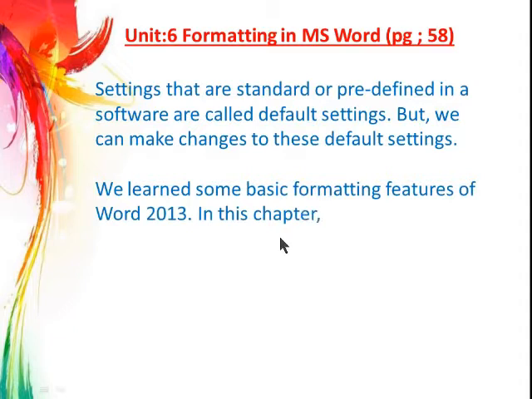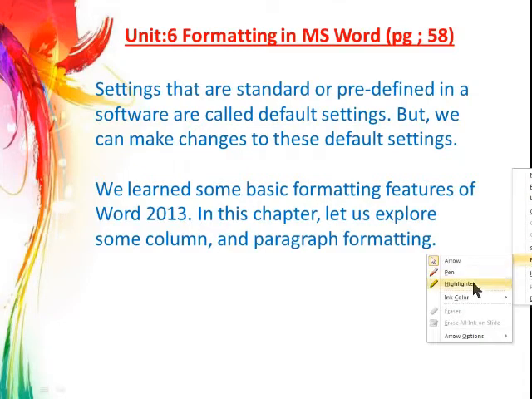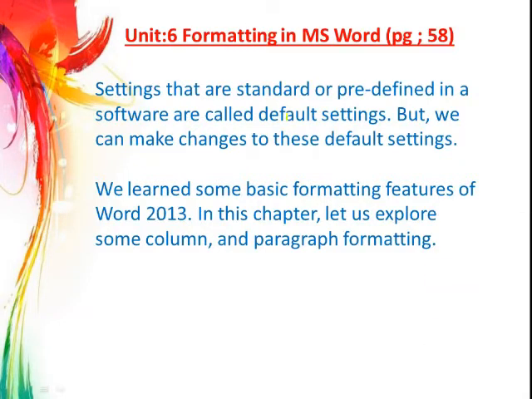In this chapter, let us explore some column and paragraph formatting. So keep in your mind that whatever setting is in your computer program, it is already set in it. That is called default setting.